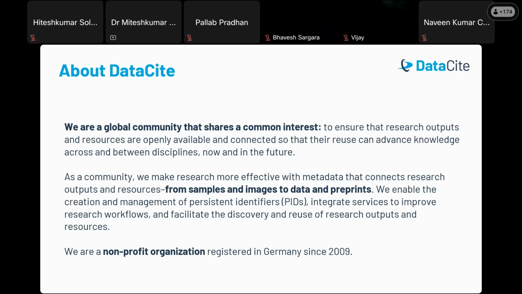So they work for open science, and one aspect of open science is open research data. As a community, they make research more effective with metadata that connects research outputs and resources, from samples and images to data and preprints. It is a not-for-profit organization registered in Germany since 2009.